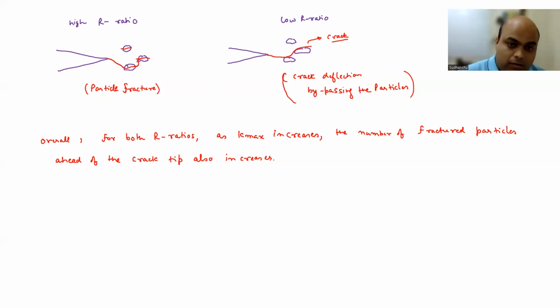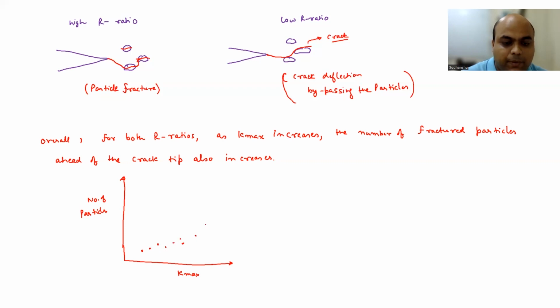Okay. So if I now plot, say, number of particles versus Kmax, increasing the Kmax is going to increase the number of particles.